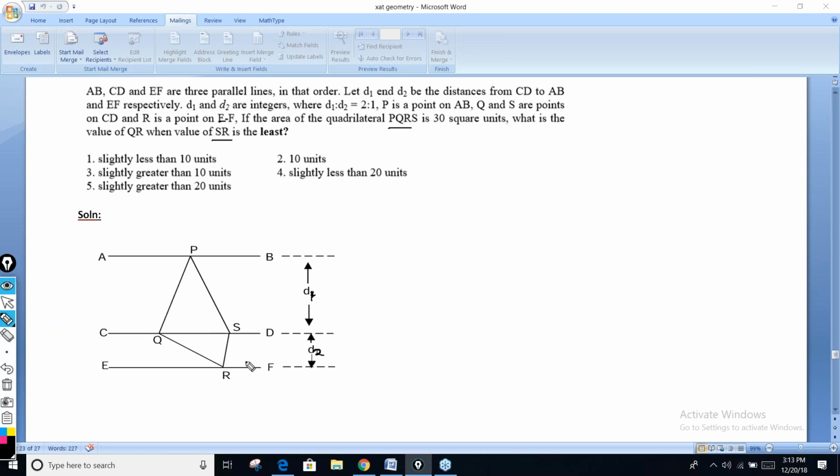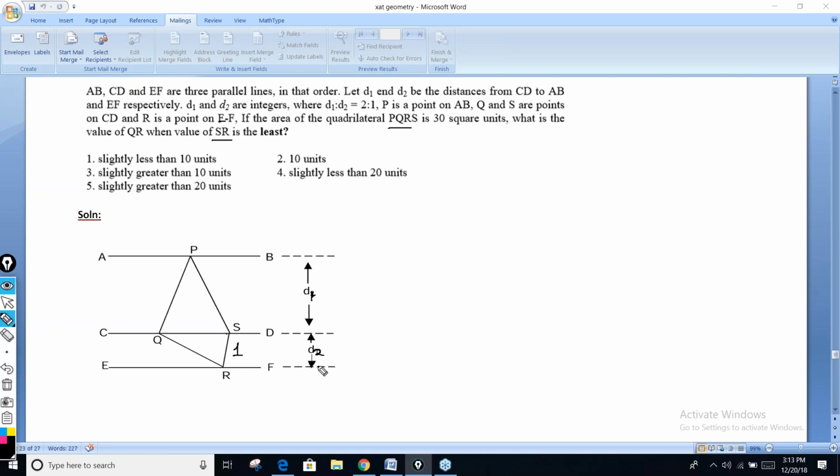SR is the least. Now if D1 and D2 are given as integers, and I think one more line was given which is missing in this question. Okay, SR is the least. So if SR is the least and this is an integer, this can be only 1.